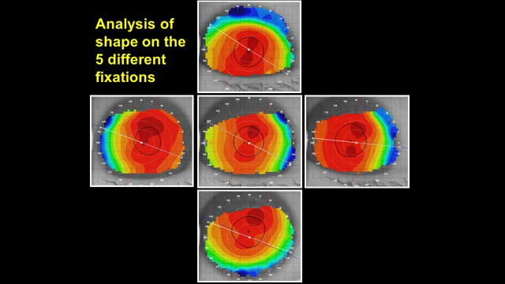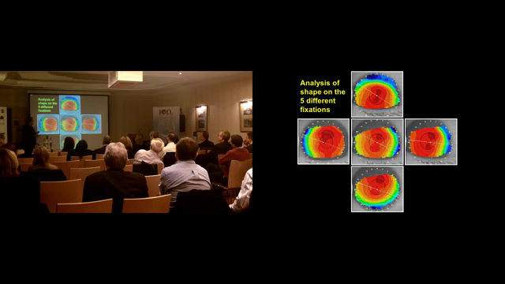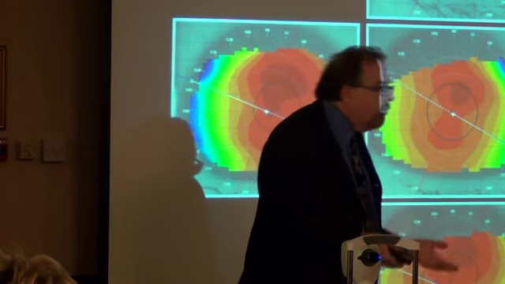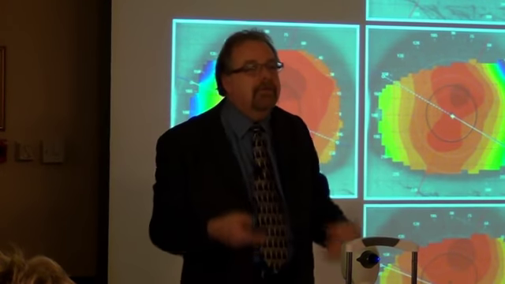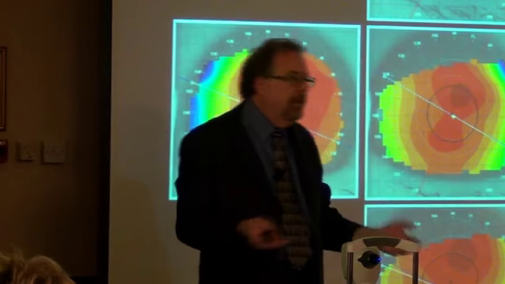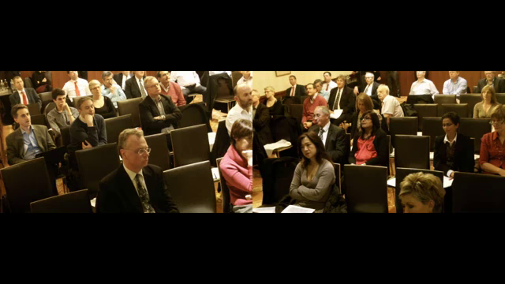Now what the topographer does in approximately 1 second is take these topographical maps and form a single composite map. It's using 4th order polynomials. Now I don't even know what a polynomial is, but it sounds impressive.